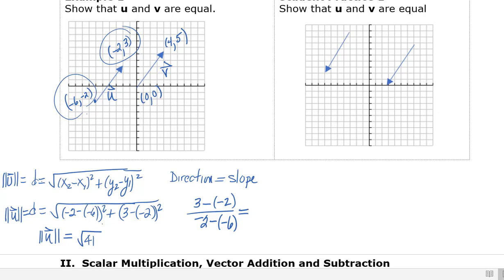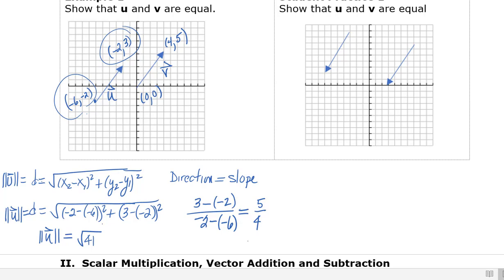So change in y over change in x: I've got 3 minus -2, my y2 minus y1, all over my x2 minus x1, -2 minus -6. We do that calculation and we get 5/4. So the magnitude of u is the square root of 41 and the direction is 5/4.